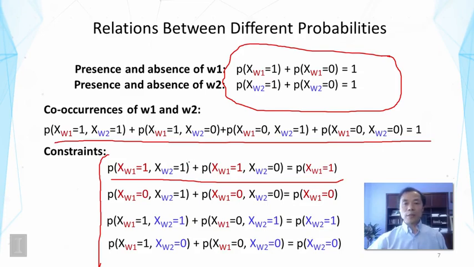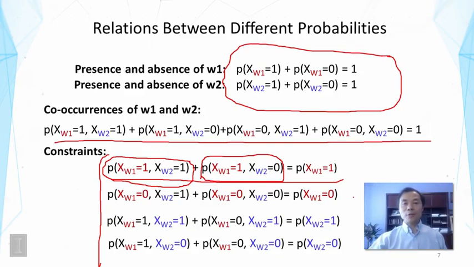So this probability captures the first scenario when the second word actually is also observed. And this captures the second scenario when the second word is not observed. So we only see the first word. And it's easy to see the other equations also follow the same reasoning.